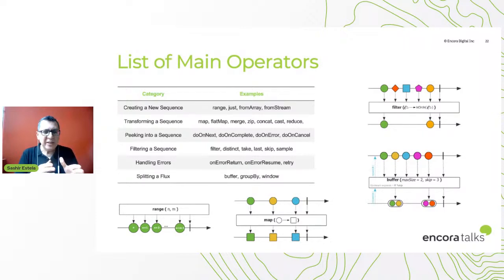We have the range method in order to create a new data stream from n to m items.